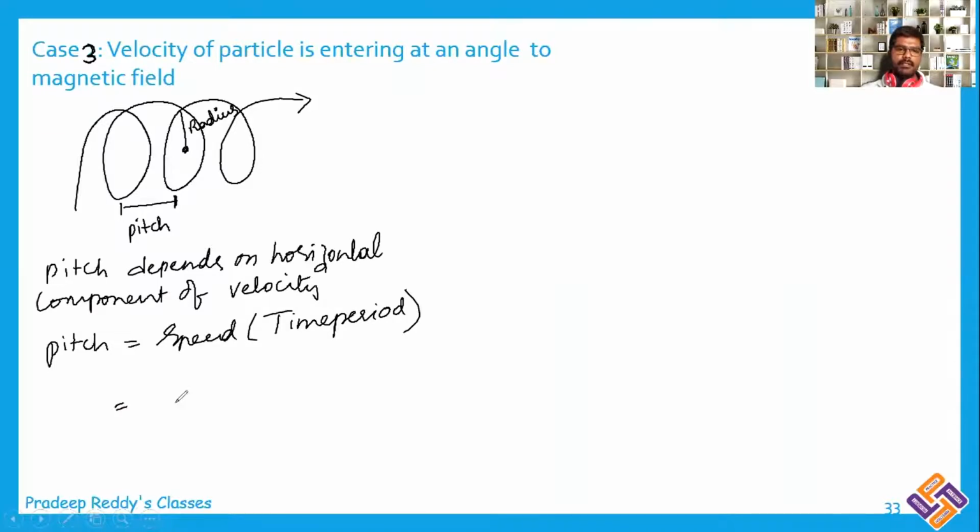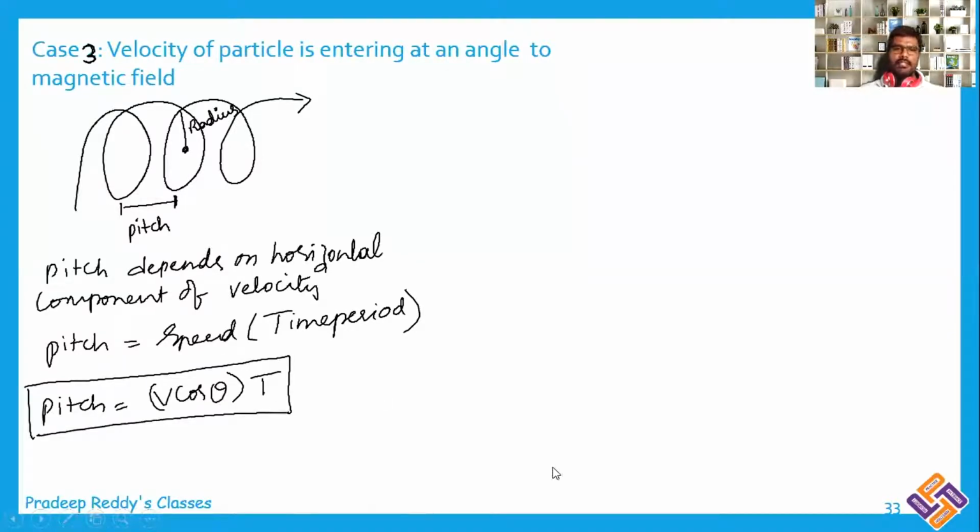What is the speed here? Speed can be written as V into cos theta. And what about time period? Let me take it as capital T. This is the equation for pitch. Now T is the time period of revolution that you need to remember. You can take that time period of revolution and substitute here so that you will be calculating the pitch of the helical path.